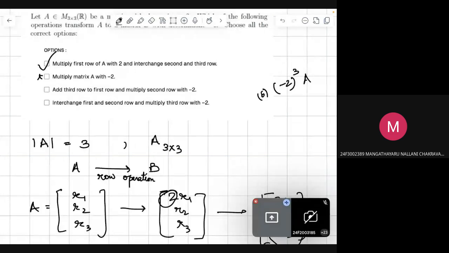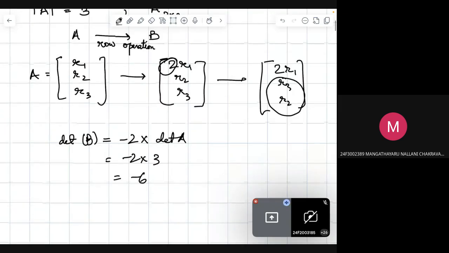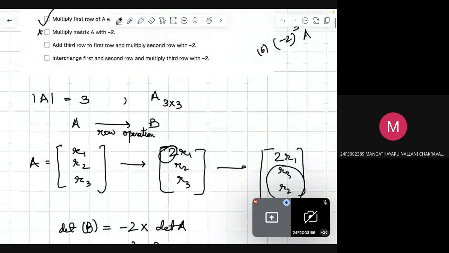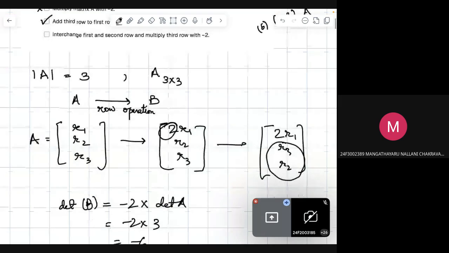So we are going to go through the questions, and through the questions we are going to cover most of the weeks. Right. So addition of a row does not change the determinant, but after that we are multiplying the second row by -2, and hence -2 into determinant of A, which is -2 into 3, which is -6, and hence we have the third option as the right answer.